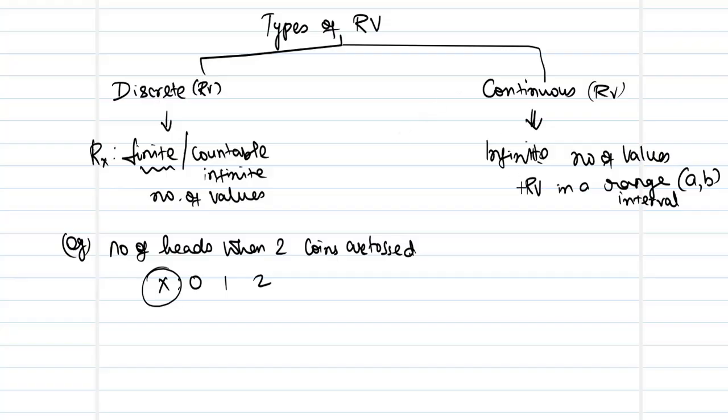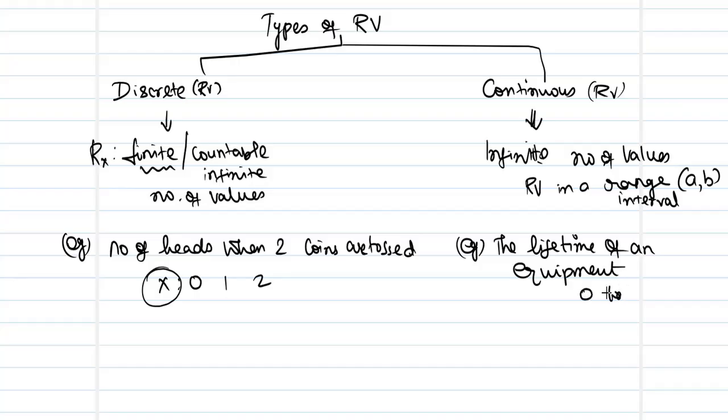And how about an example for a continuous random variable? The lifetime of an equipment. The lifetime is going to be between 0 and, say, on an average it lives for 5 years. So the random variable will now take the values 0 less than or equal to x less than or equal to 5.